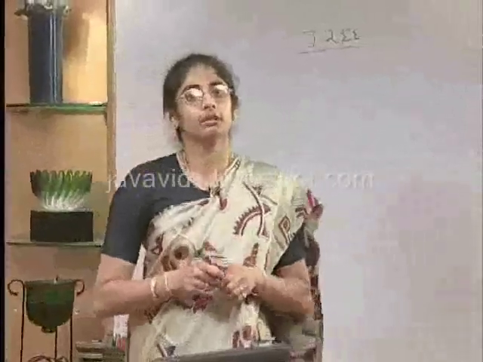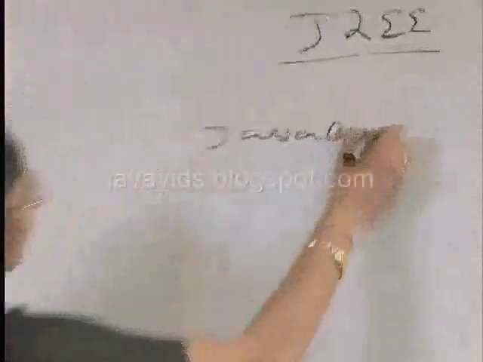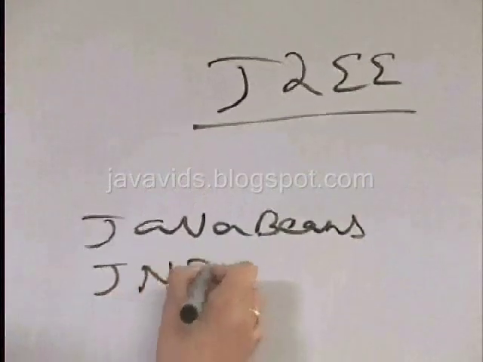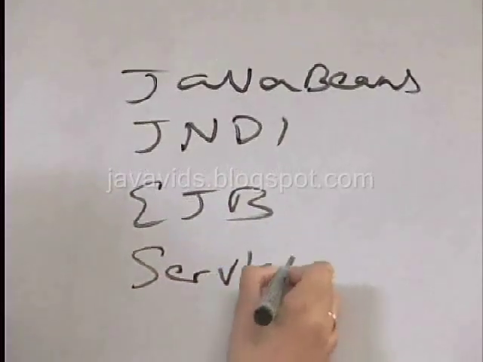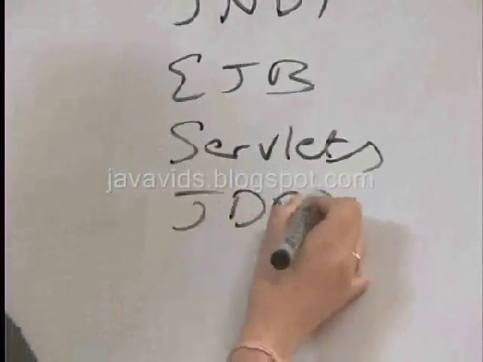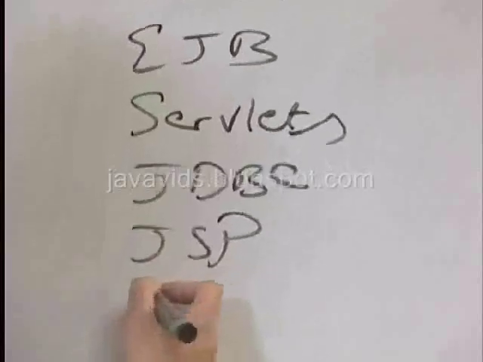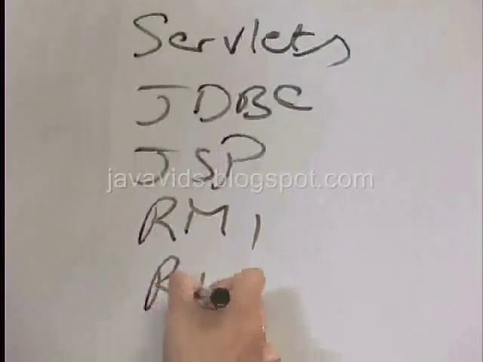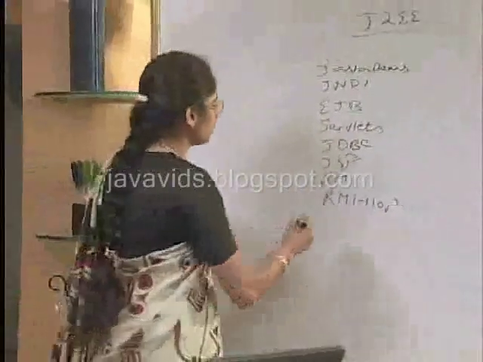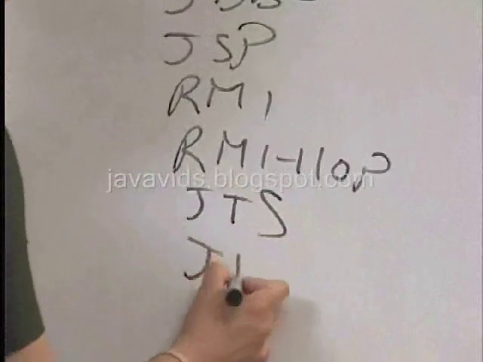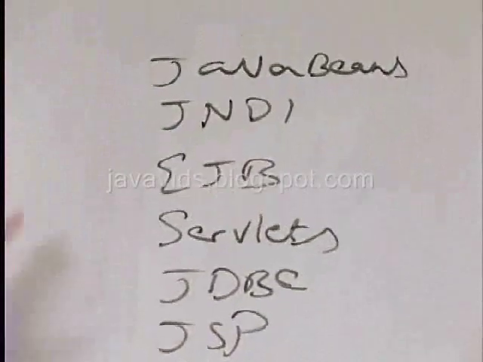J2EE consists of the following components like Java Beans, JNDI, EJB, servlets, JDBC, JSP, RMI, RMI IIOP, JTS, JTA, and the list goes on like this.